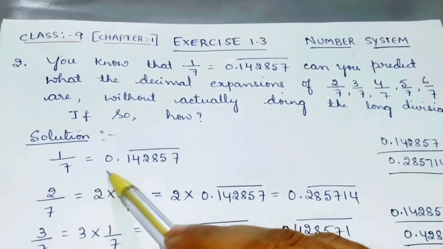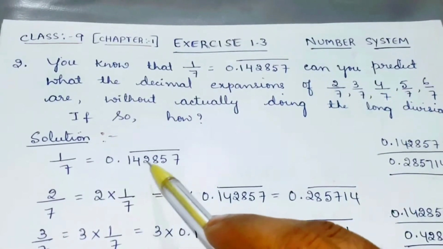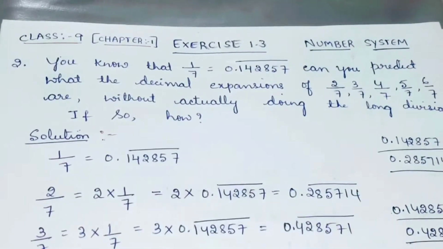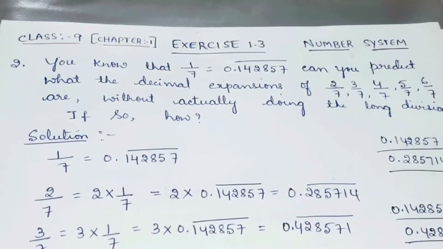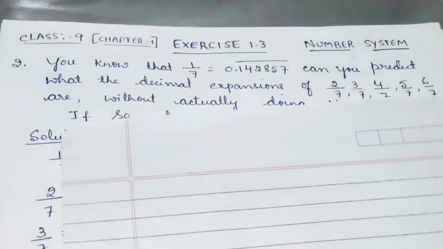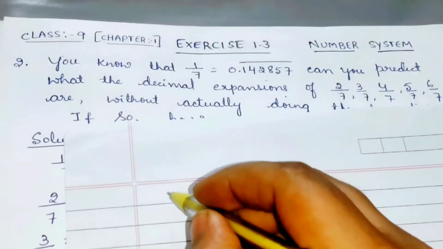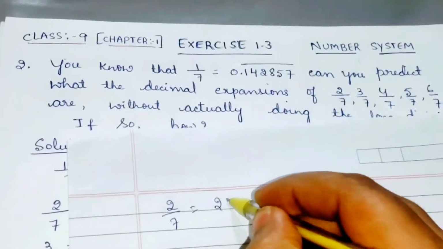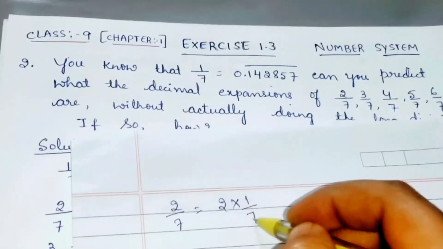Write 1 by 7 as 0.142857 bar. If you know the value, then we have to find out 2 by 7, 3 by 7, 4 by 7, 5 by 7 and 6 by 7 without doing the division process. Now, 2 by 7 can be written as 2 into 1 by 7.